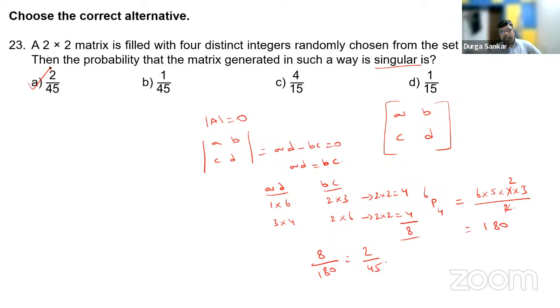How will 6P4 be 360? Oh, yeah. Got it. Hold on. So it's 6 factorial by 2 factorial, right? 6 factorial is 720.